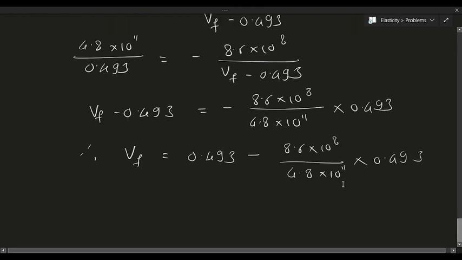Now we only have to do the calculation, and finally we get the final value. It is 0.492 centimeter cube, the final value.